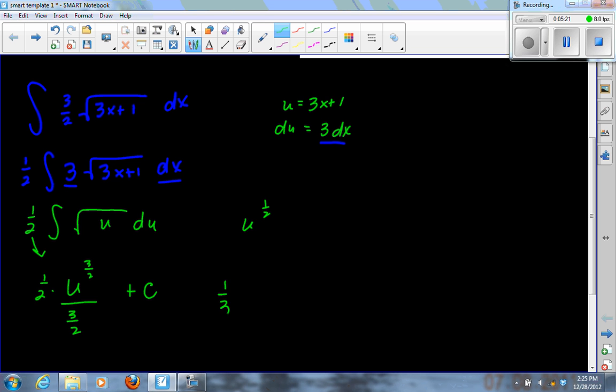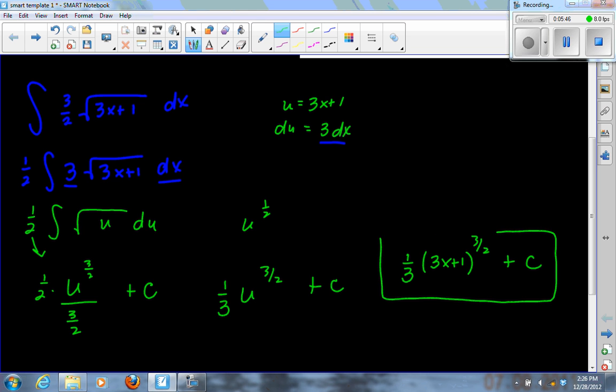So this would be 1/3 u to the 3 halves plus c would be your answer, but you don't want to leave it with u's. So you'll say 1/3. Remember, u was 3x plus 1, to the 3 halves plus c. And that's it.